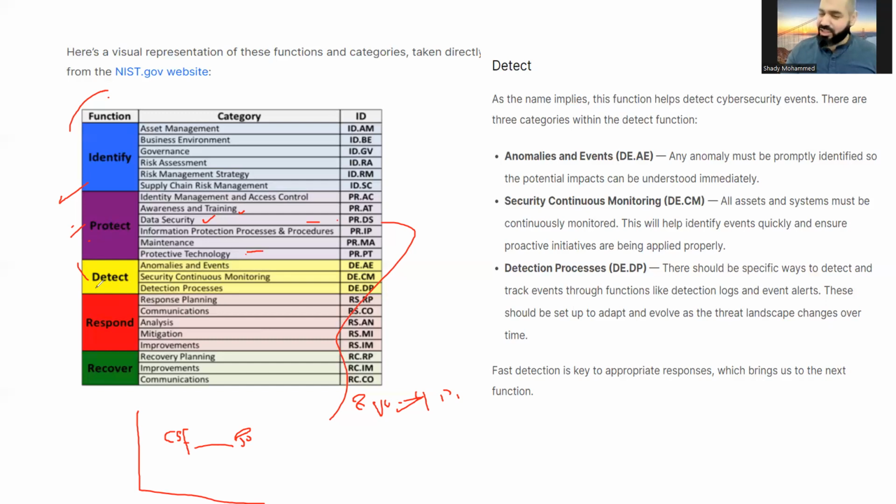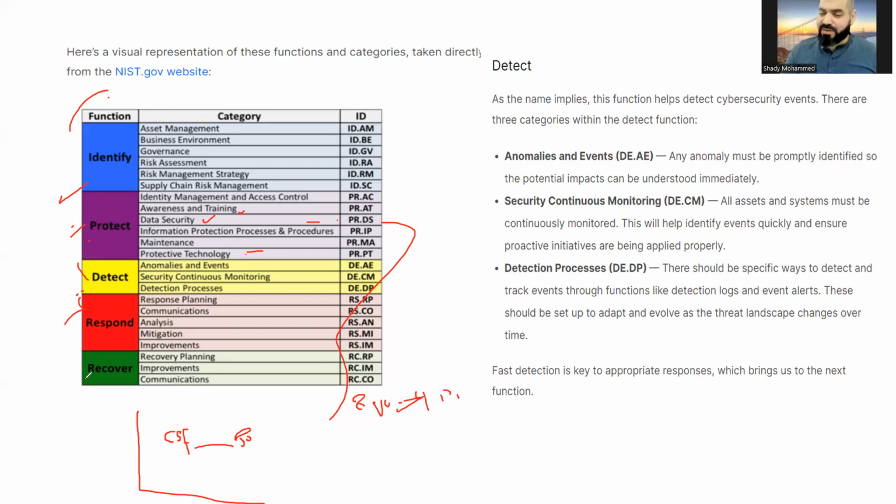So the detection techniques are all about, if you find something that's abnormal, that is breaking your normal baseline of traffic or breaking your normal procedures, you start to do an investigation and try to identify if it's a real threat or not, or a real incident or not. We skipped this very quickly. We said we're not going to talk about it, and we talked about respond and recover.